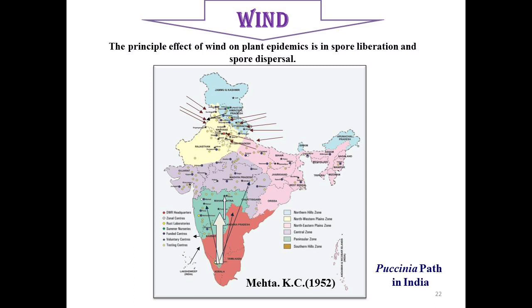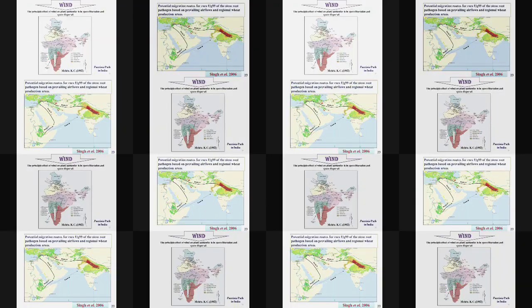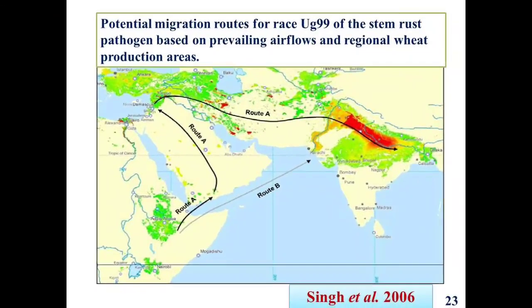This map shows the effect of wind on plant epidemics in spore liberation and spore dispersal of this wheat rust fungus. This is the image of the movement of the UG99 strain of wheat rust, which causes infection to so many crops and produces epidemics.